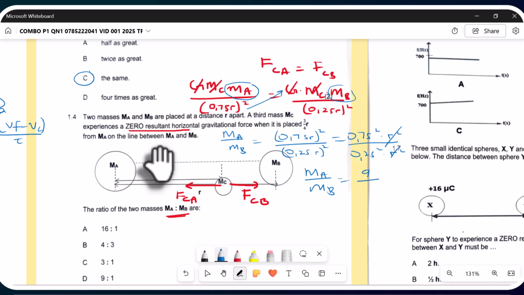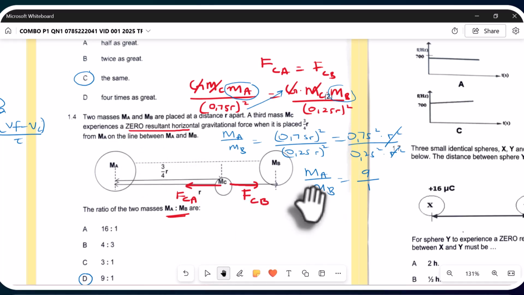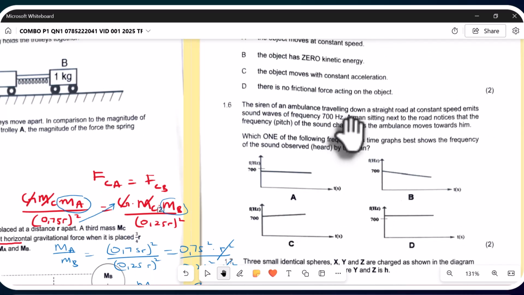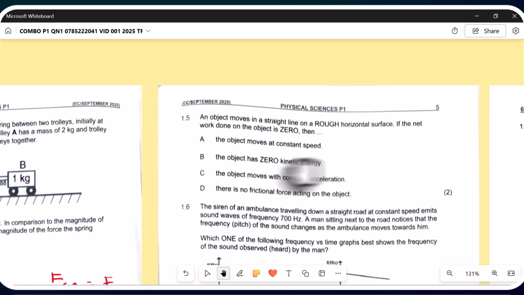Let us proceed with our Eastern Cape multiple choice question 1. Now this is question 1.5. They say here that an object moves in a straight line on a rough horizontal surface. If the net work done on the object is 0, then what? The object moves at a constant speed.